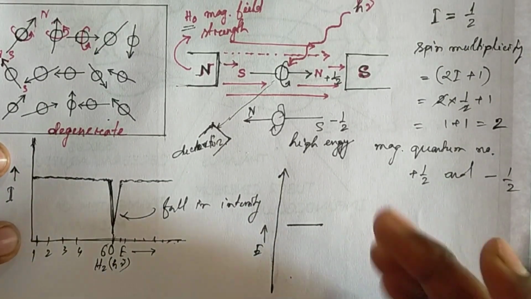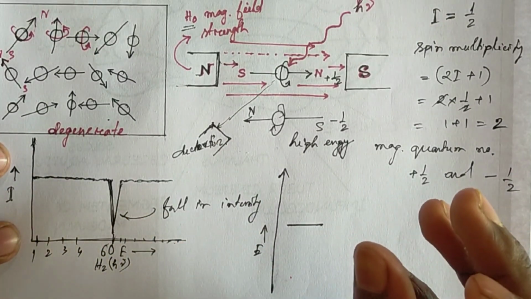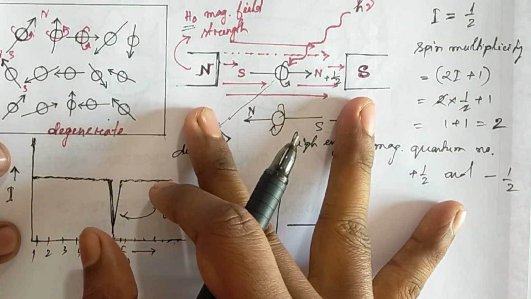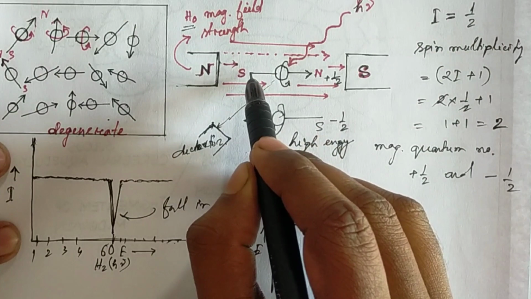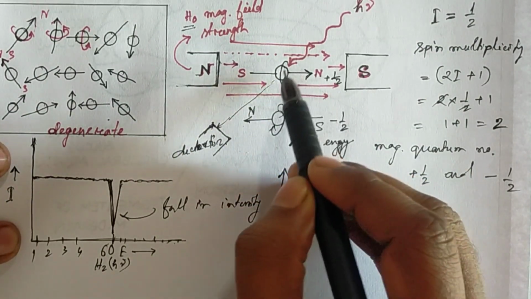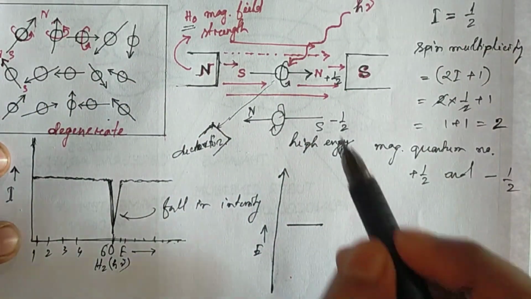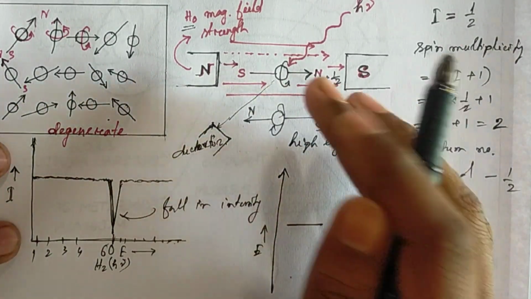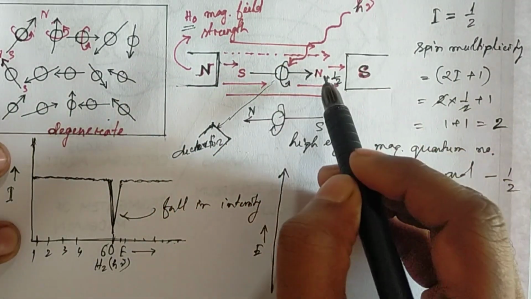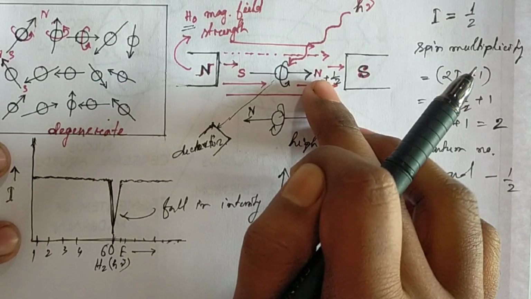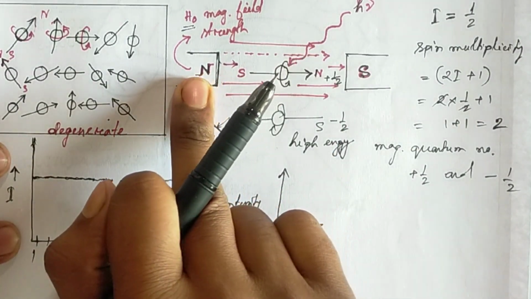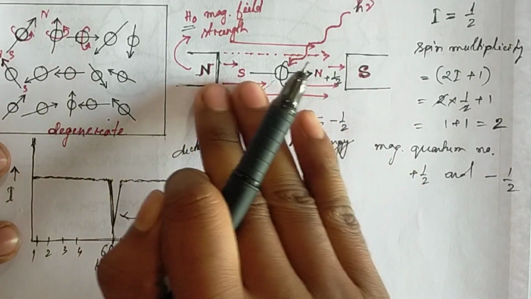Now when you bring that nucleus in between these two magnetic bars, automatically it will orient in this direction, and automatically the energy of this nucleus will be lowered, because it feels stable. This nucleus's north pole is attracted by the south pole, and this south pole will be attracted by this north pole, so it will be a stable state.